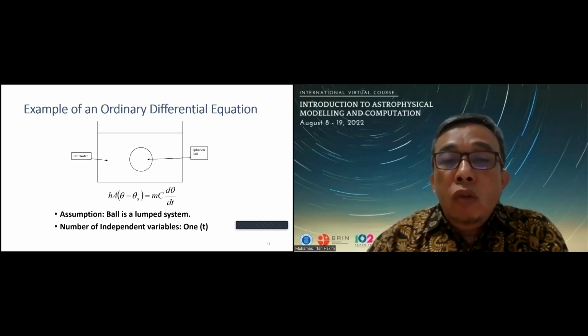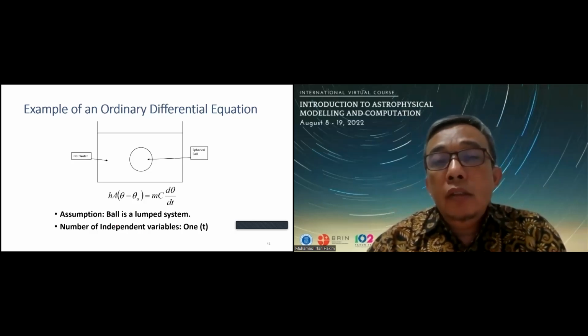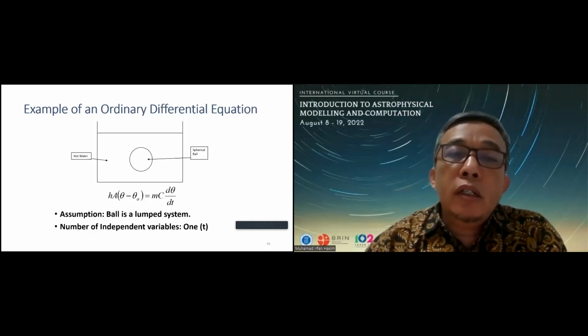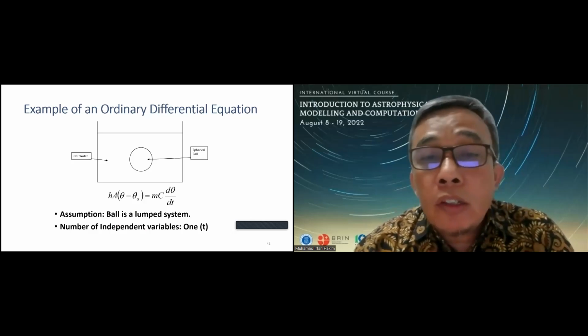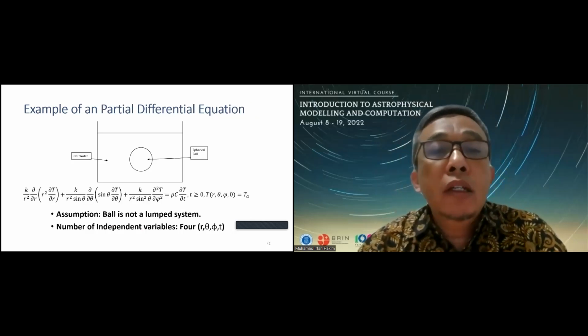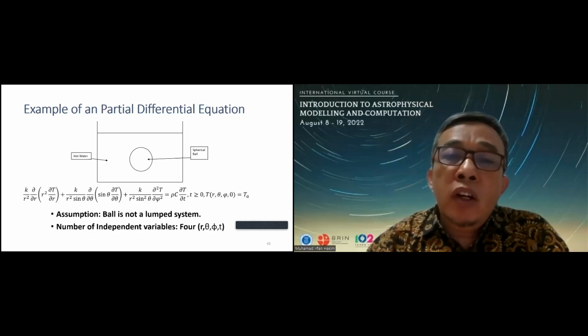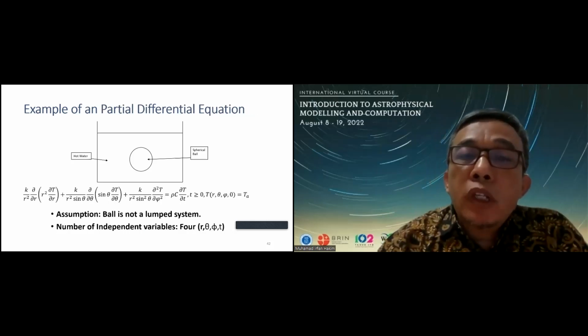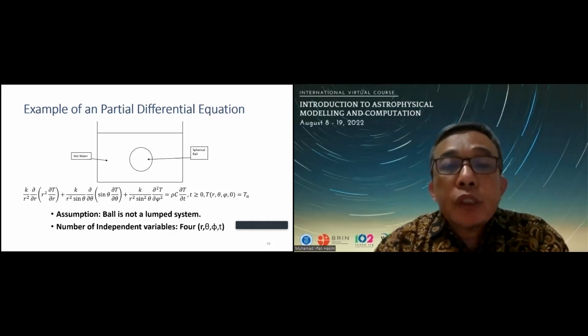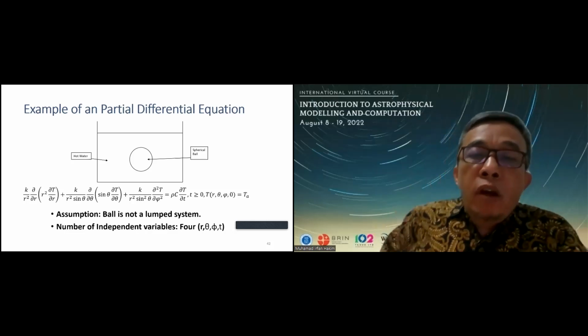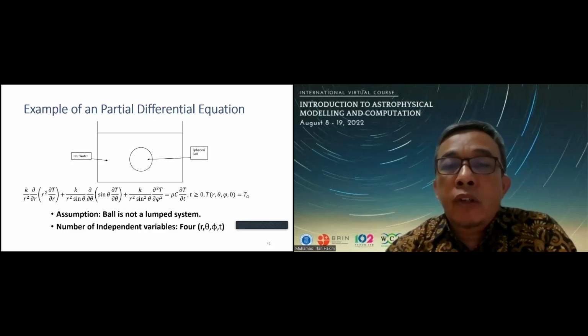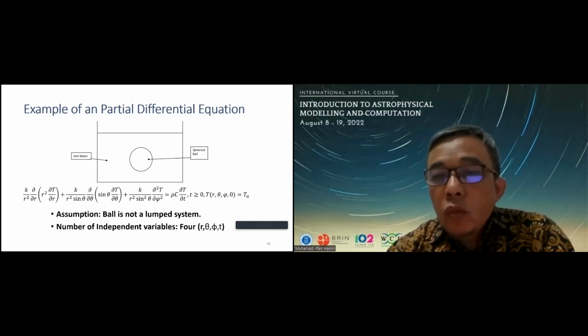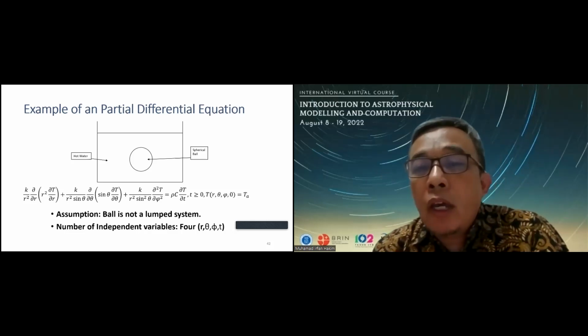It depends only on one variable, t, time. Theta here is temperature, I think. This is another real problem in the same situation, in the same environment, but here we have 4 variables: spatial variables, spherical geometry, and time.